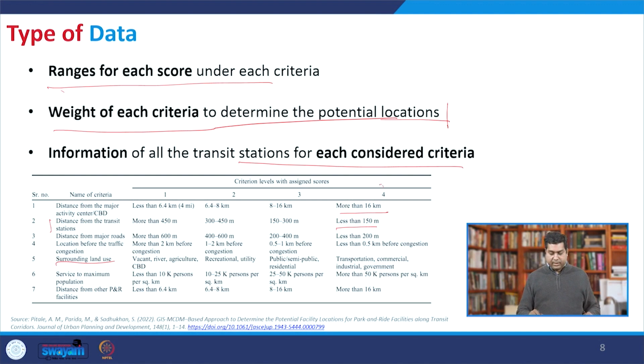So that is getting the maximum value. Similarly, for distance from major road, we also have a similar classification and value, and then we also take the service to maximum population, where less than 10,000 person or more than, you can say, 50,000 person per square kilometer. So we are taking the density as a measurement and we give a certain score.